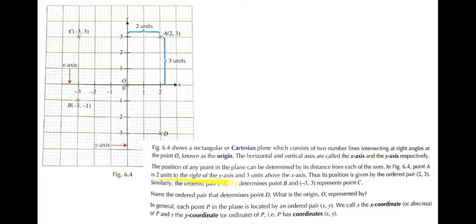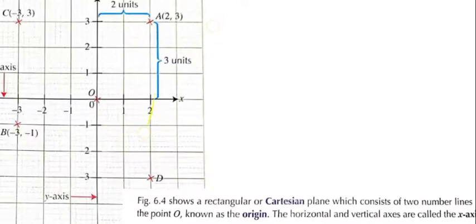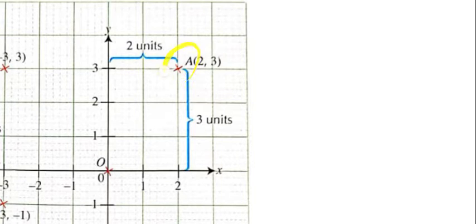The position of any point in the plane can be determined by its distance from each of the axes. Thus its position is given by the ordered pair. So again, if I ask you what is the coordinate of this point A here, we'll just count from this origin, right?